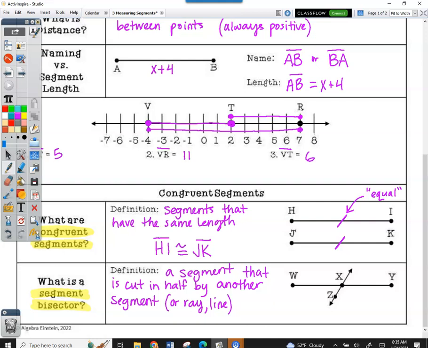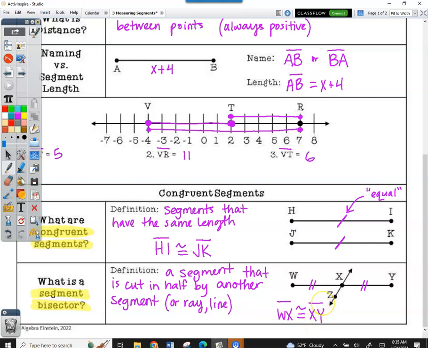If it's cut in half, you would need to go to the picture and take notes on the picture. Sometimes you'll draw 2 tick marks. If you've already got 1 tick mark drawn, you can draw 2. But this means that WX is now congruent to XY.